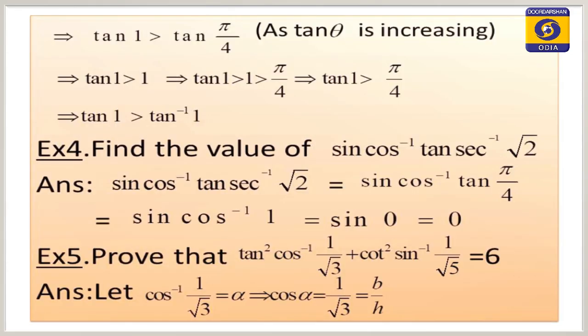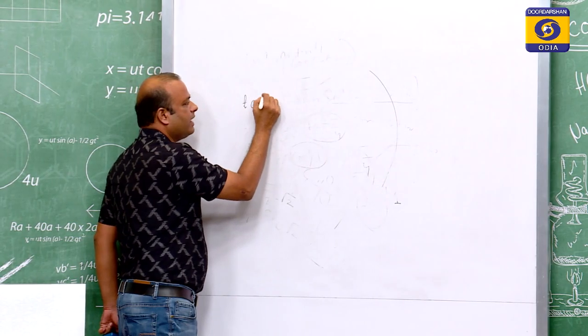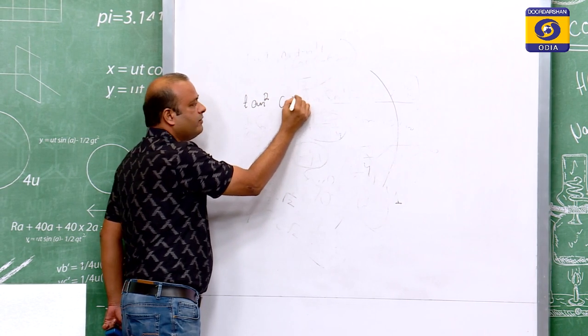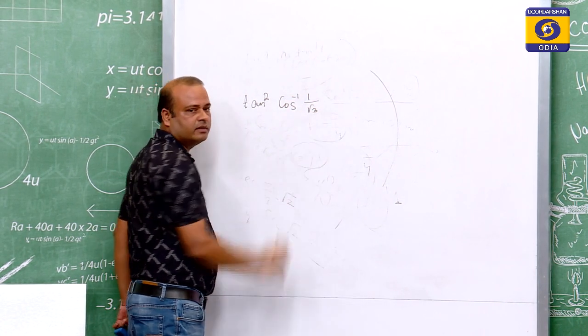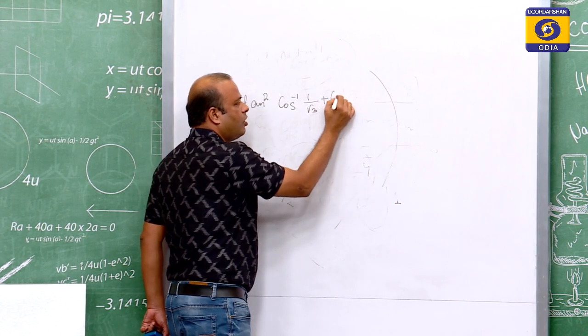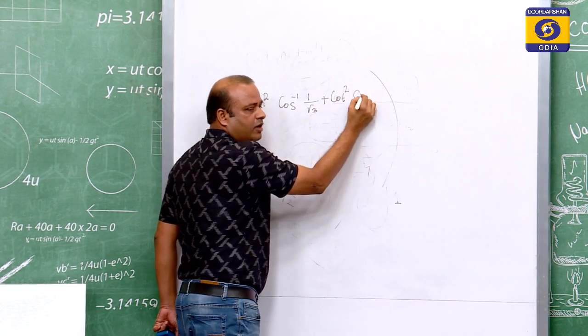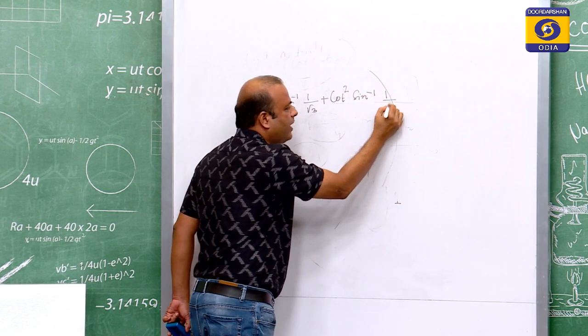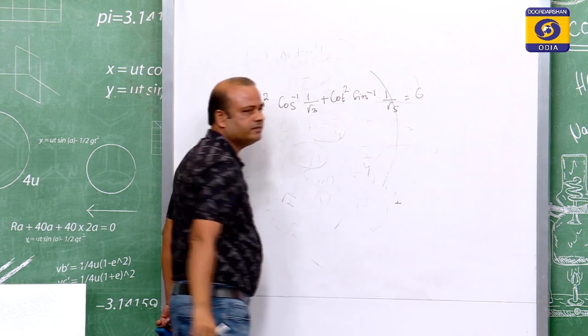So, next, prove that tan square cos inverse 1 by root 3 plus cot square sin inverse 1 by root 5 is equal to 6, right. The next one is tan square cos inverse 1 by root 3 plus cot square sin inverse 1 by root 5 is equal to 6.